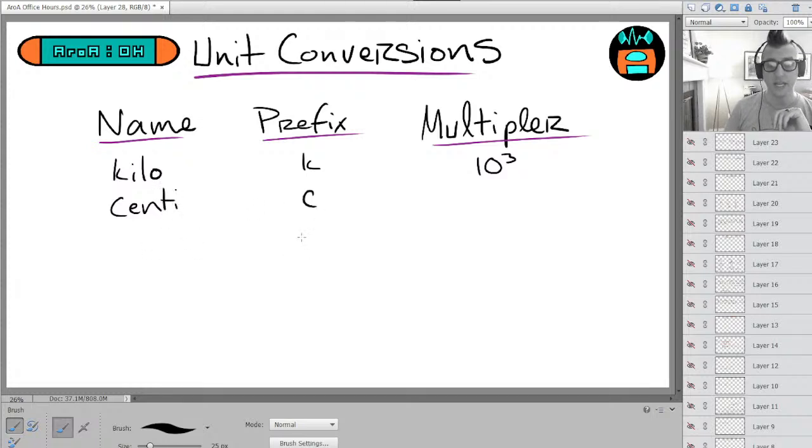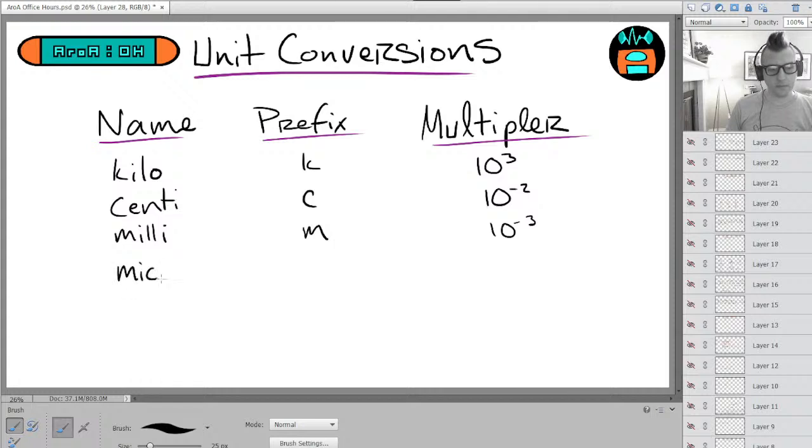Centi, prefix C, means 10 to the negative 2. So for a meter, you'll have 100 centimeters fitting inside that meter, so it's a smaller unit. Milli is M, and it is 10 to the negative third.